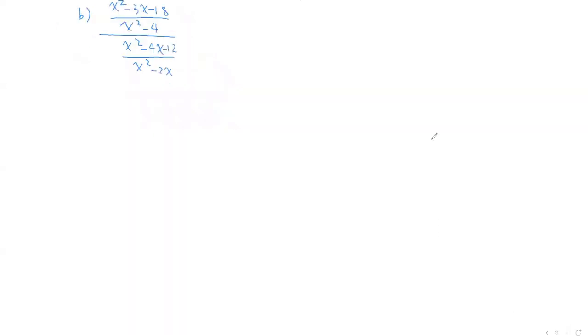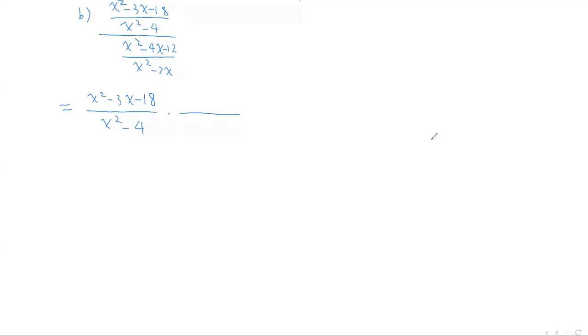The next one is division. So we have a fraction divided by another fraction. We can first change it to multiplication. The numerator, x squared minus 3x minus 18 all over x squared minus 4, times the reciprocal of the divisor.